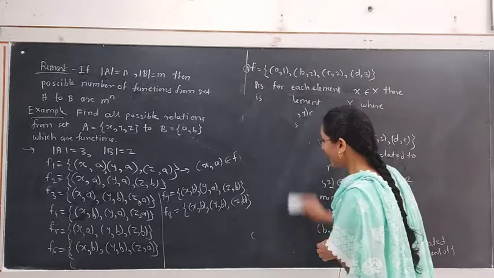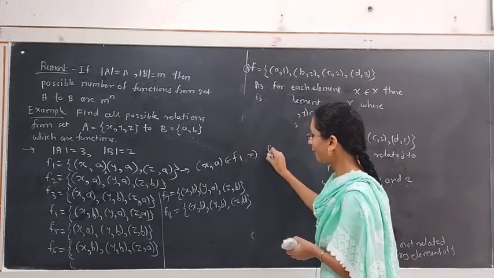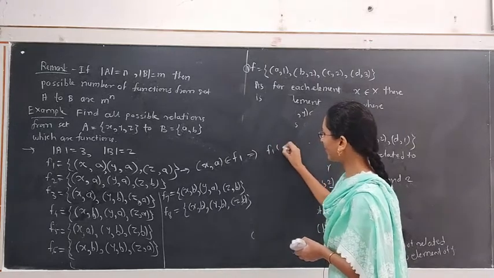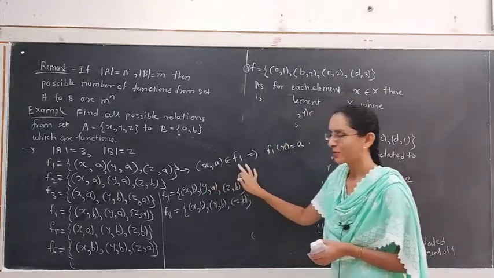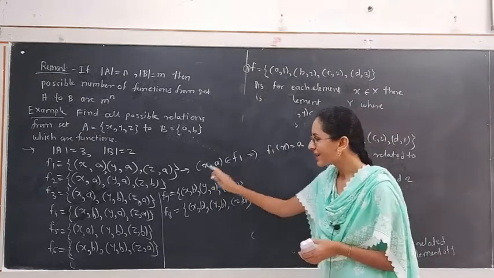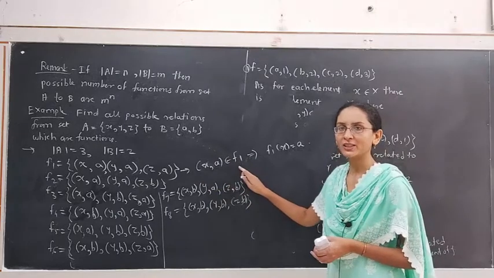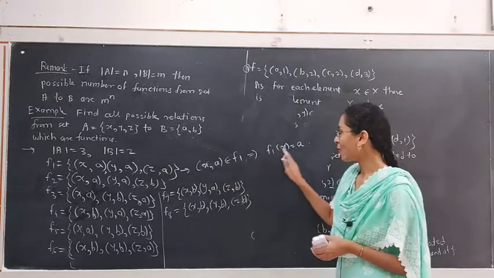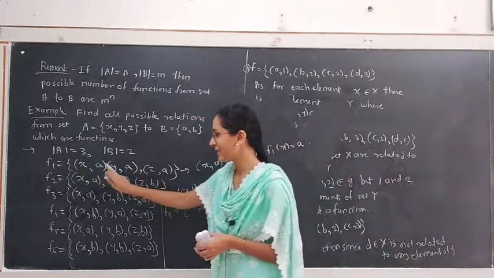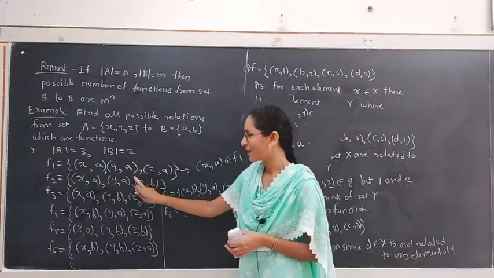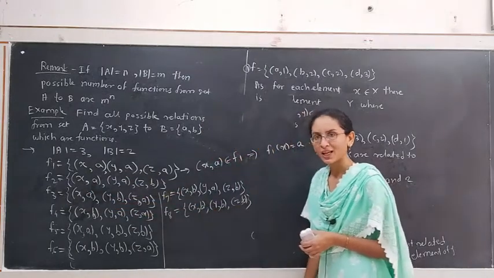Then we can also write f1 of x is equal to a, because the ordered pair (x, a) belongs to function f1, meaning x is related to a. As x is related to a under the function f, then f of x is equal to a. The meaning of (y, a) belongs to f1 is f of y is equal to a. The meaning of (z, a) belongs to f1 is f of z is equal to a.